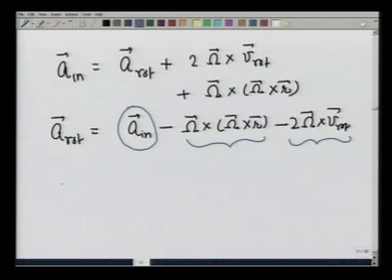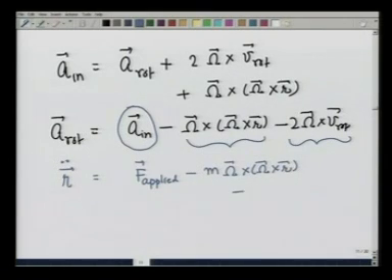Writing everything in terms of r double dot in the rotating frame, m r double dot is equal to F applied, which gives rise to A inertial, minus m omega cross omega cross r, minus 2m omega cross v rotation, divided by m.